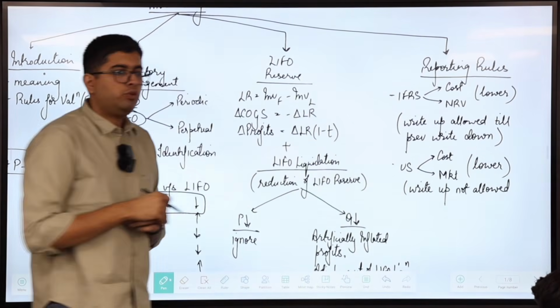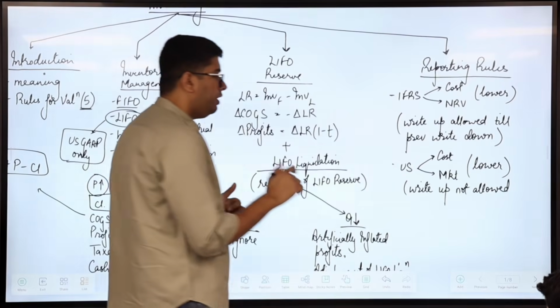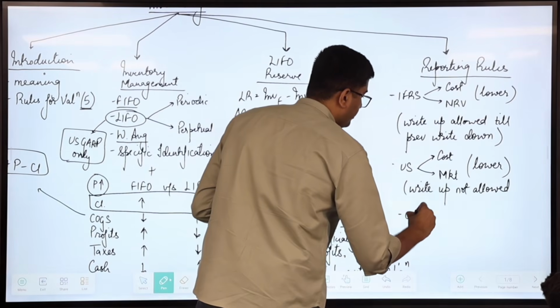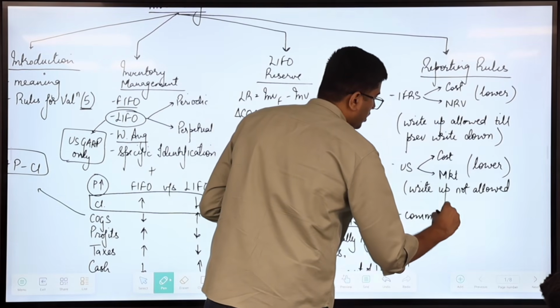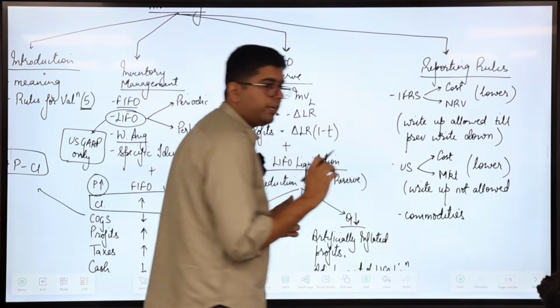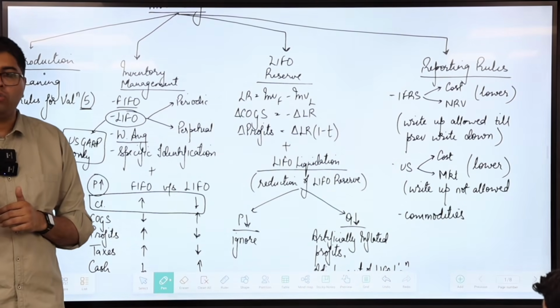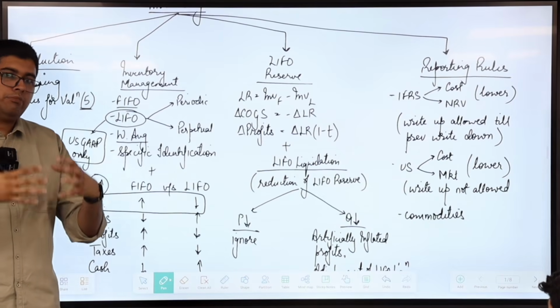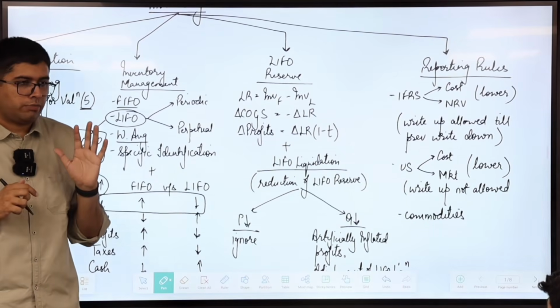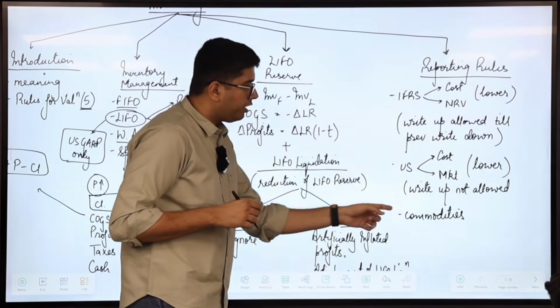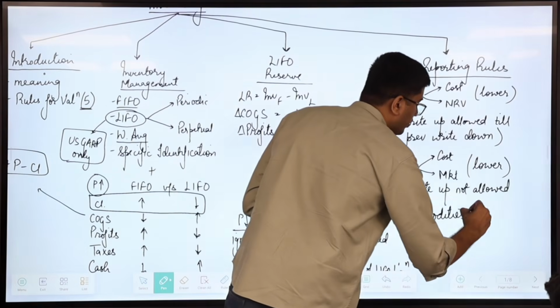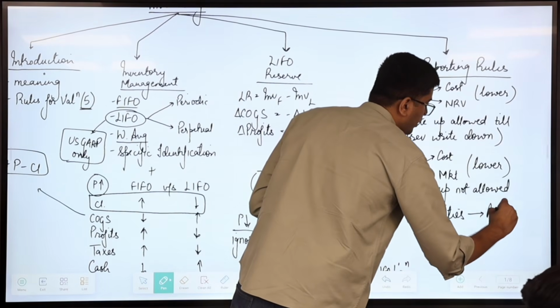Now, an exception to both of these rules is if your inventory contains commodities, especially commodities with active markets, things like gold, crude oil, agricultural products, something that has its price available on the stock market. So if your inventory includes commodities, in that case, you report it at fair value.